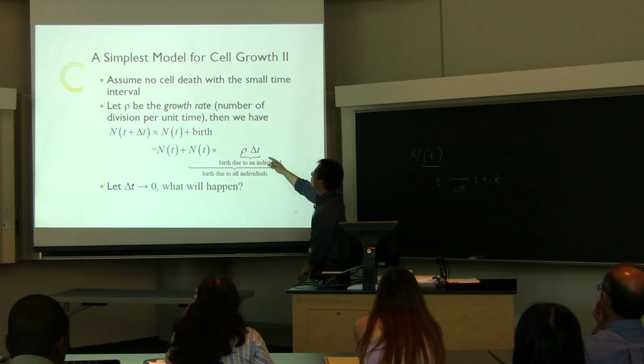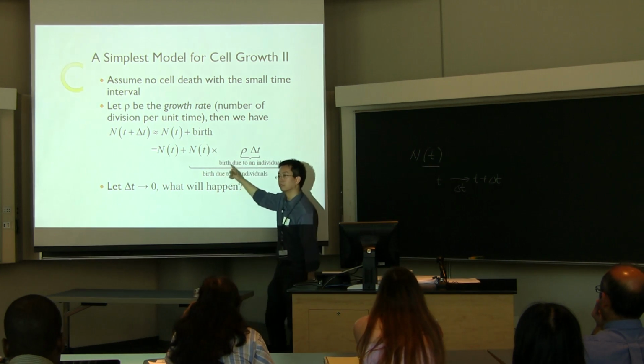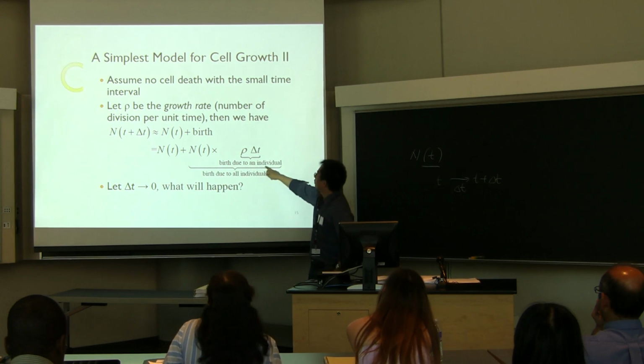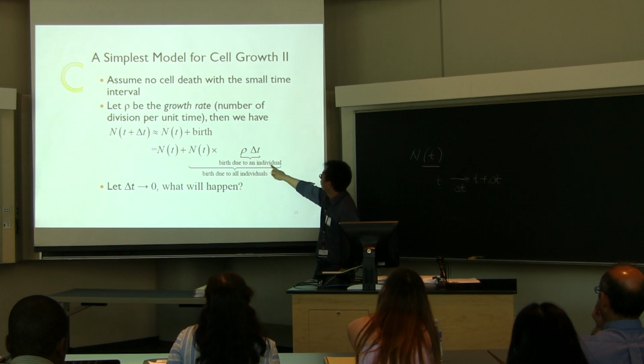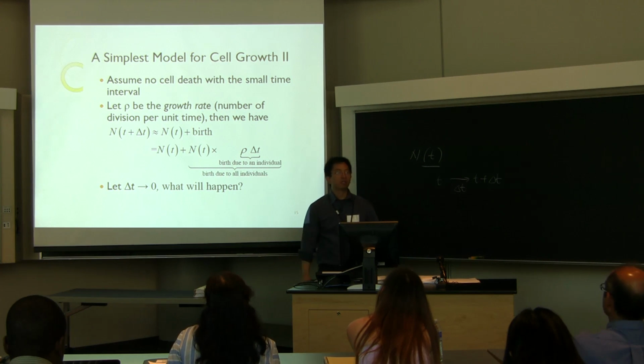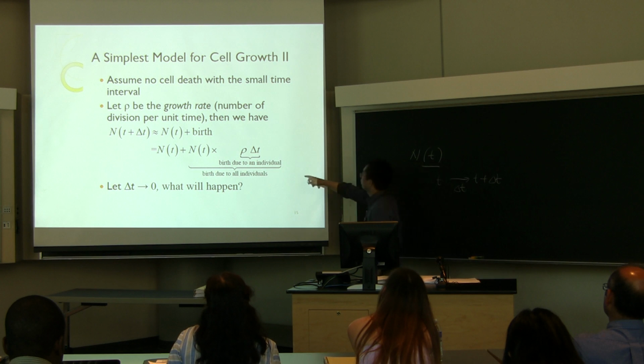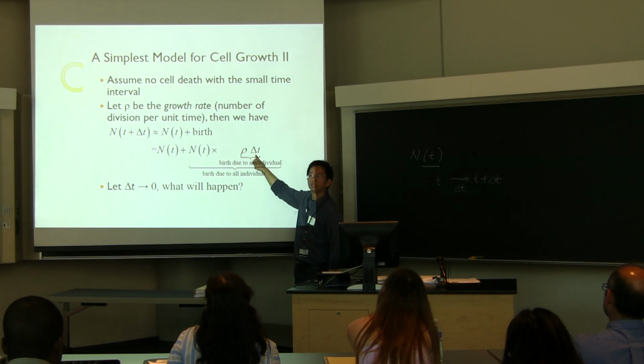Now let's convert this to a mathematical expression. First, what's the number of divisions for birth during the delta t? That would be rho multiplied by delta t, because rho is the number of divisions or births per unit time.